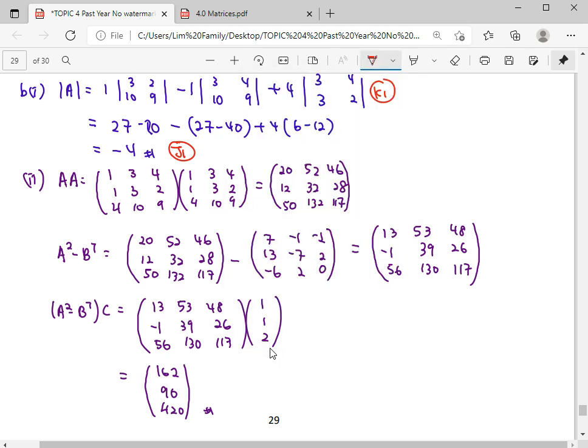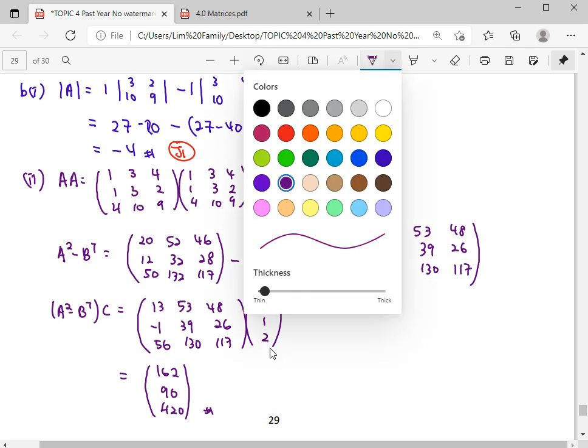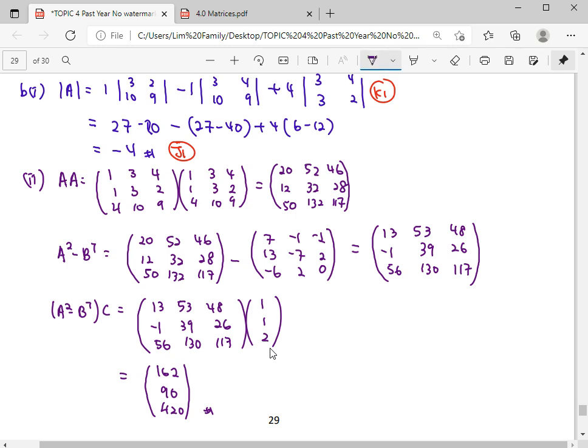What they want to see is how we do our multiplication. So you need to show our table showing the rows.